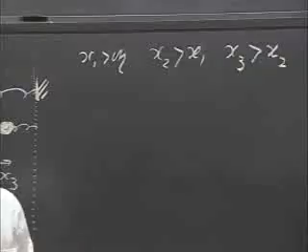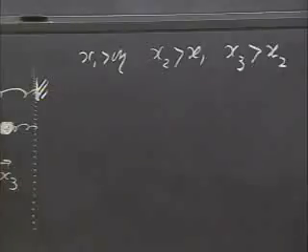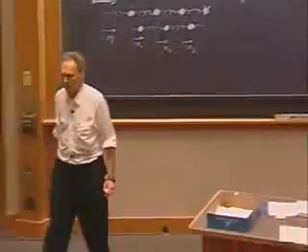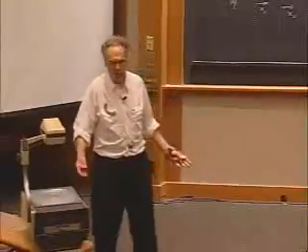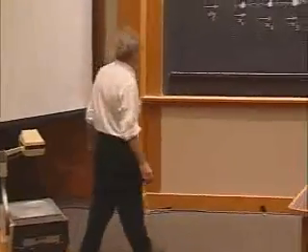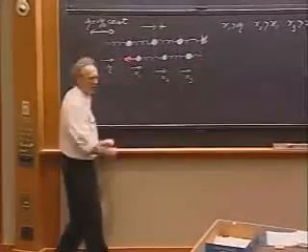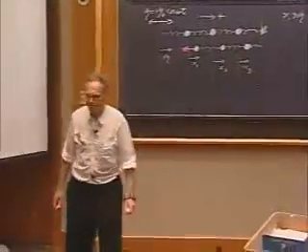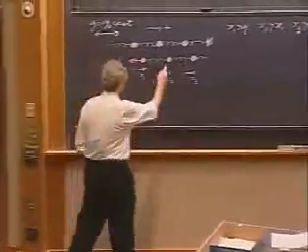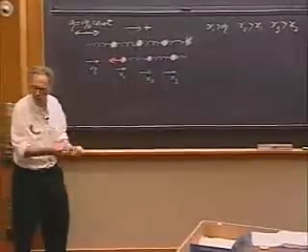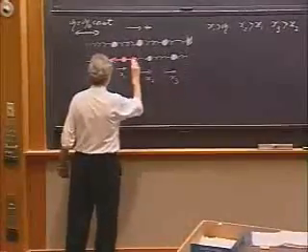If x1 is larger than eta, that first spring is longer than it wants to be, and so that means there will be a force in this direction, because this spring is longer than it wants to be. If x2 is larger than x1, this spring is also longer than it wants to be, so it will want to contract. So there is a force in this direction.